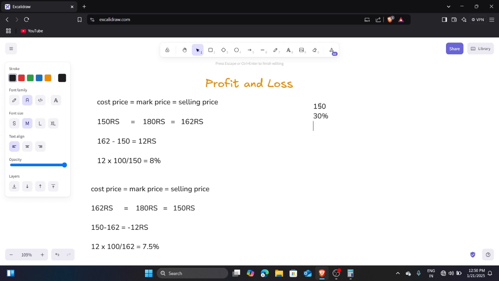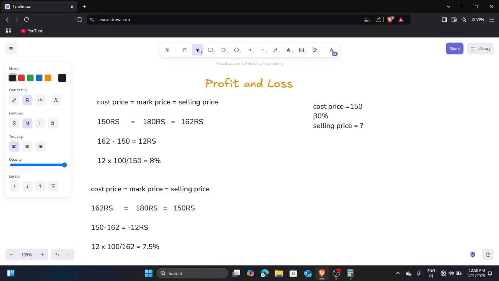Then what is the selling price of the product? The selling price is what we have to find. What we have is the cost price, and they need the selling price.